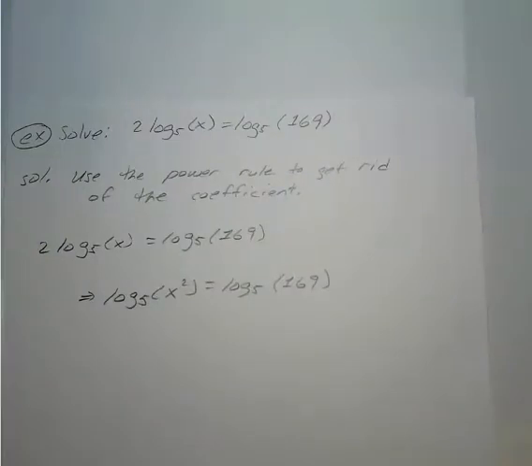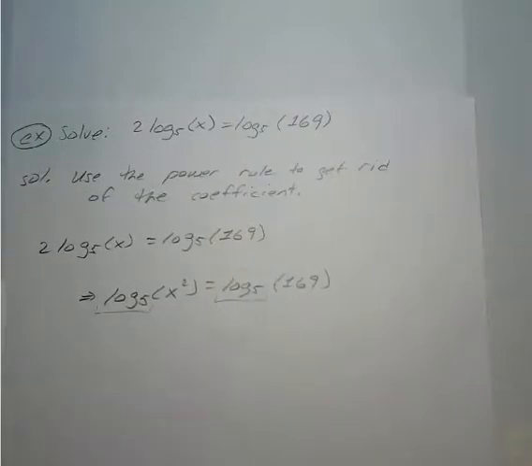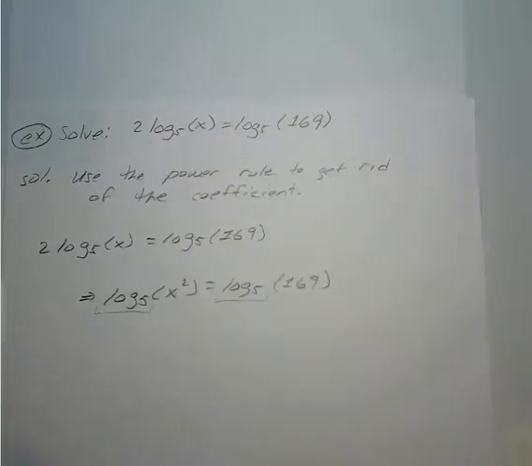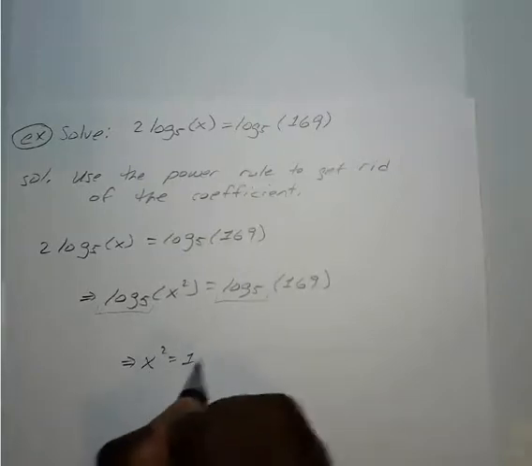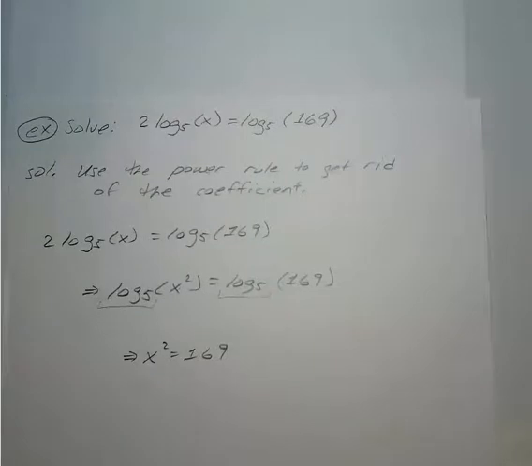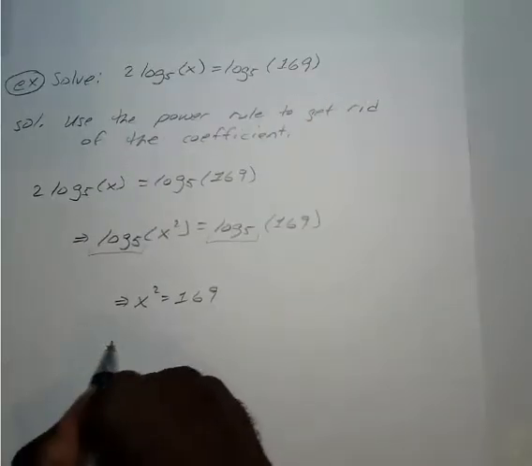You see here we have log base 5 here and log base 5 here. As long as those two are the same, we know that x squared has to equal 169 for this to be true. So we have x squared equals 169. We go ahead and square root both sides to solve for x.